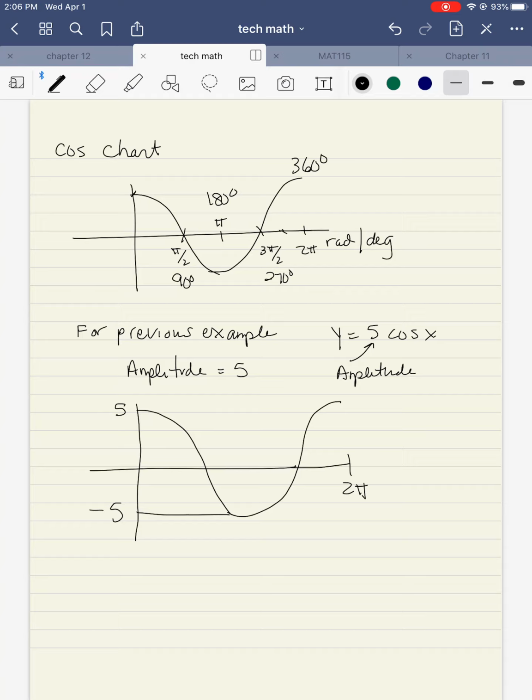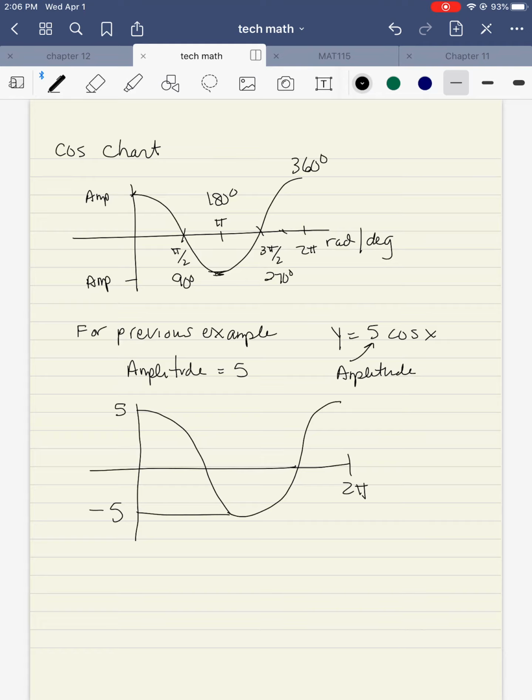The graph of a cosine chart looks like this. It starts at a peak value, which is called the amplitude, and the minus amplitude is down here, and it crosses the x-axis at pi over 2.